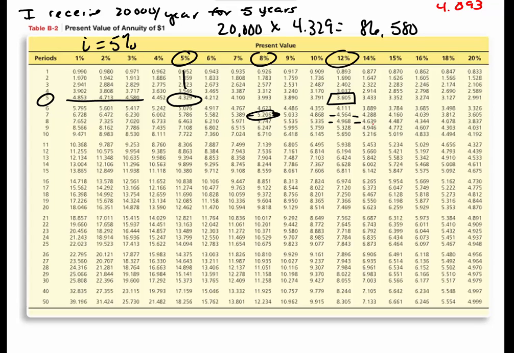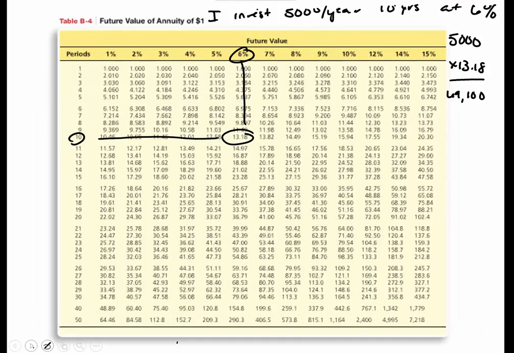I'm getting close. It looks like this is too far. 18 is too far. So it's somewhere between 16 and 18. All right? So these are the 2 that are relevant. This has gone just a little bit too far, but that's pretty close.